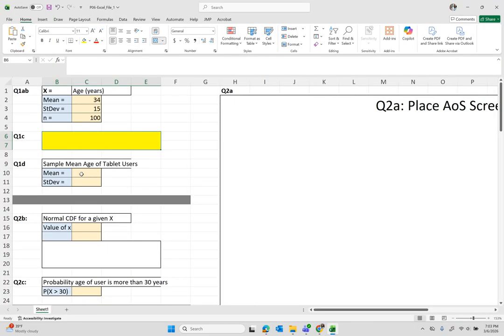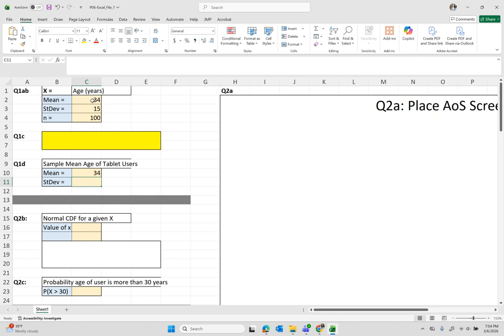So here for the mean of the sample mean age of tablet users, also measured in years, this mean will equal the mean of the variable, which is the age in years.